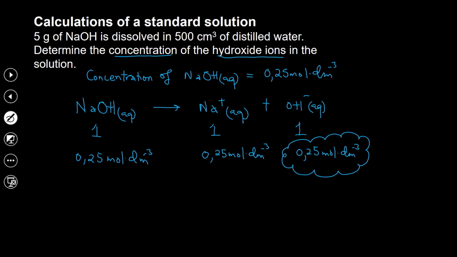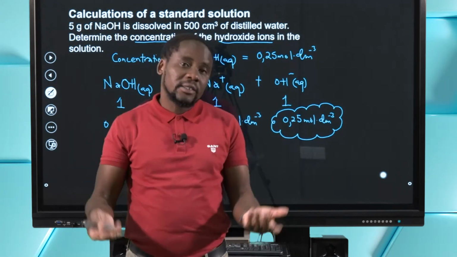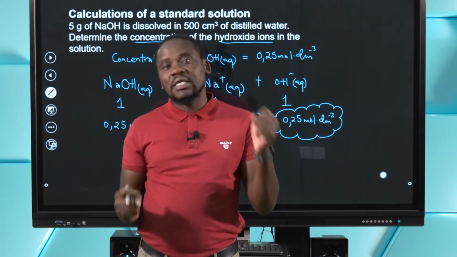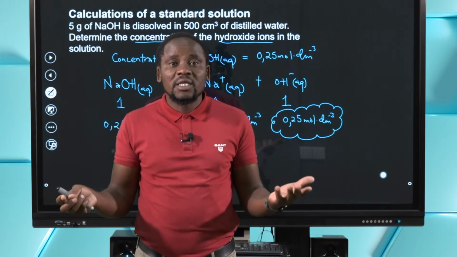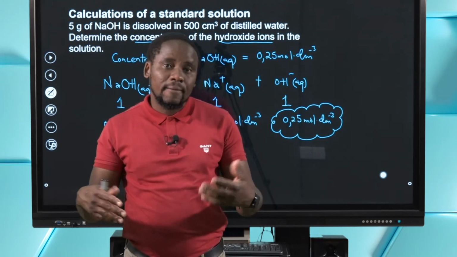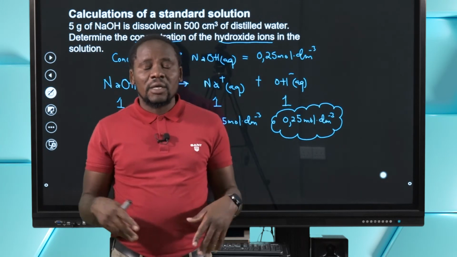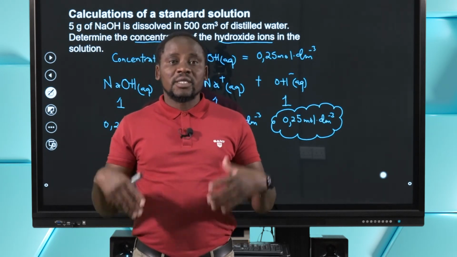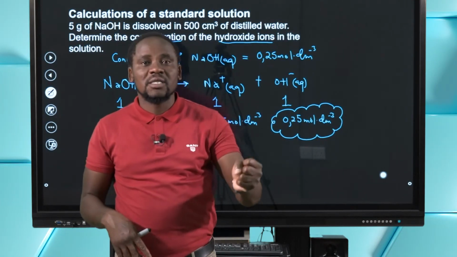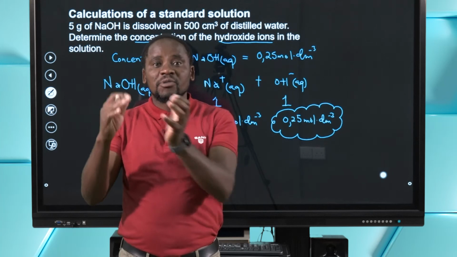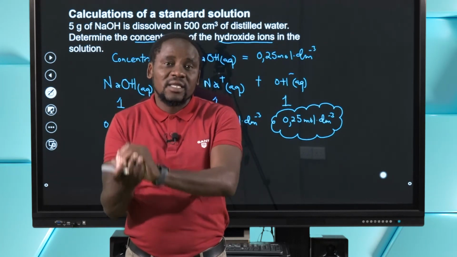But in determining it, we also used the balanced equation of the dissociation, or the breaking down of that ionic substance, such that the stoichiometric ratio represents how that substance breaks down in an aqueous solution. So that's as far as determining the standard solution. Those are the steps that we took. We measured the amount of substance, weighed it in terms of mass, so that we can determine the moles of sodium hydroxide in that 5-gram sample.